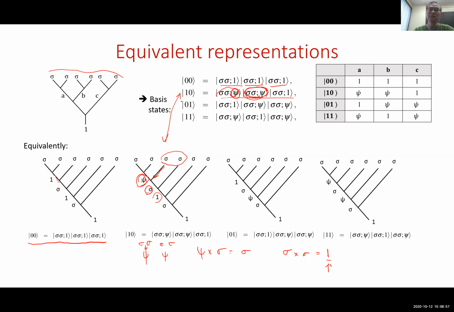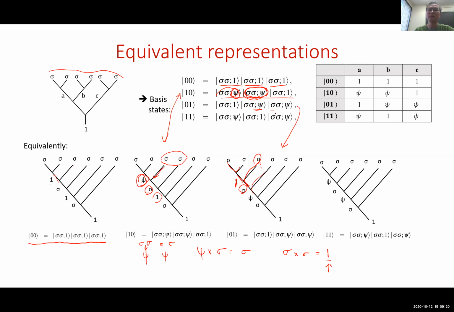Okay, and you could also see the third one can be represented this way. This one is identity, okay, and you fuse to psi, but this identity does nothing. So this sigma is the same sigma here, and then it fused to psi.